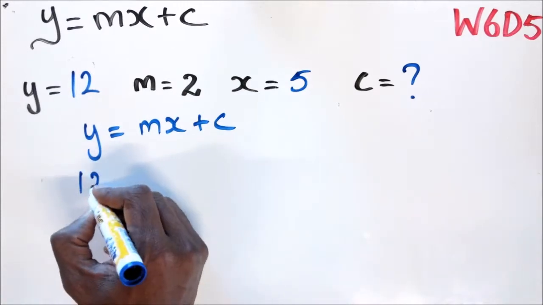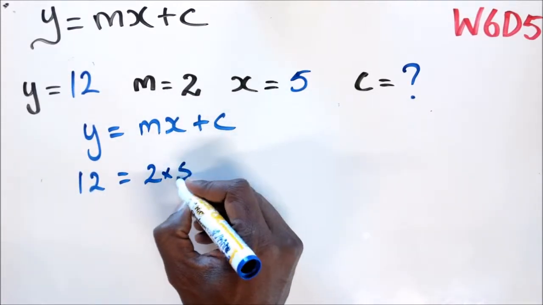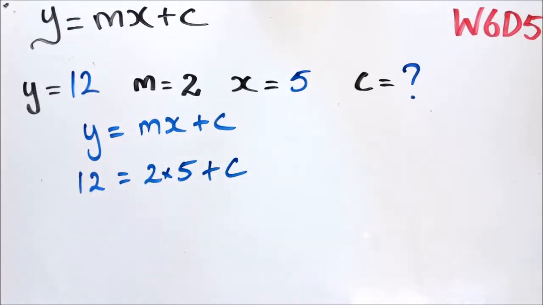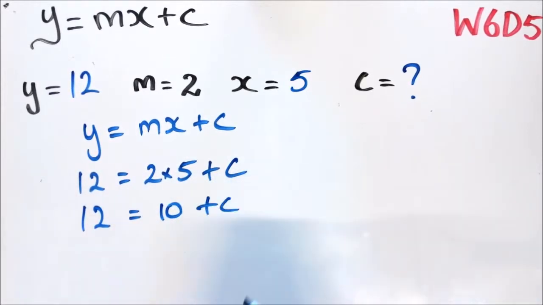We know that y is equal to 12, m is equal to 2, x is equal to 5, and c we don't know, so we're just going to leave it as the letter c. Now we've got 12 equals 2 times 5, which is 10, plus c. We don't really need to rearrange this. We know that c has to be equal to 2, so we can just write that straight away. c equals 2.